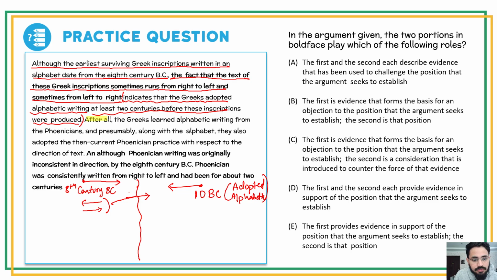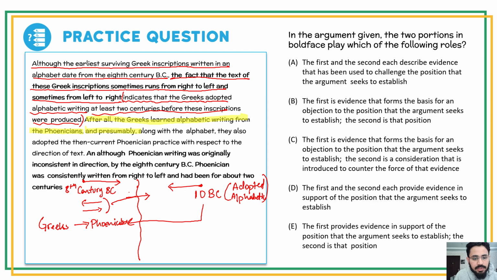Then it says, after all, the Greeks learned alphabetic writing from the Phoenicians. Well, that to me sounds like a fact. So it goes back to the fact column and slips in another fact saying that the Greeks learned it from the Phoenicians.